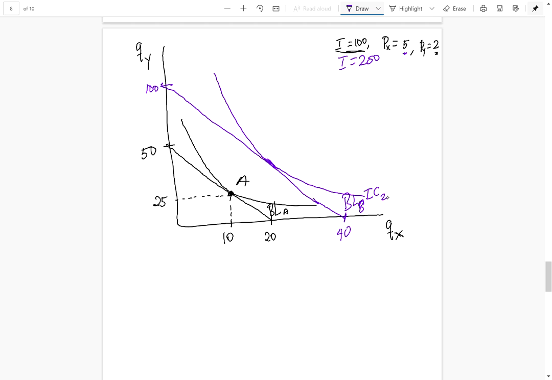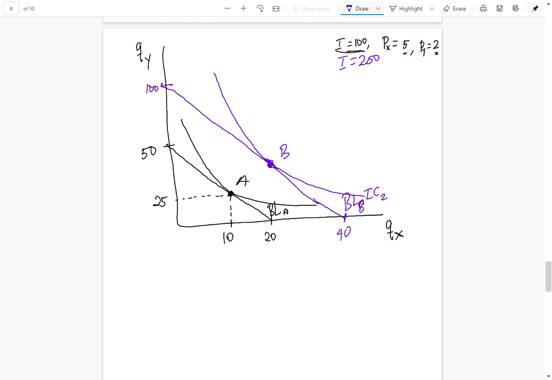Now note that the indifference curves should not intersect, right? So this purple curve and the black curve should not intersect at any point. If I kept drawing this, they should never intersect. Just as a hint on how you draw. So we'll call this point B.